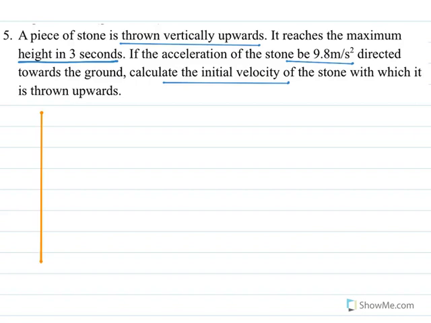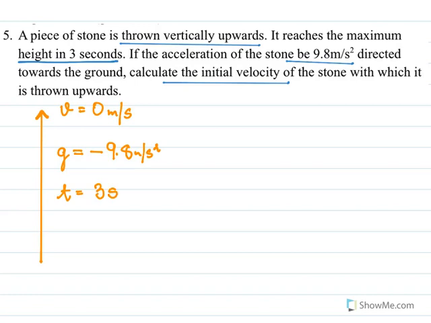So this is a rising object. Now for a rising object, we know V, the final velocity is 0. So 0 meter per second. There is a retardation, so the acceleration due to gravity is to be taken as minus 9.8 meter per second square, because the velocity decreases on the body as we move up, and the time here is given as 3 seconds.